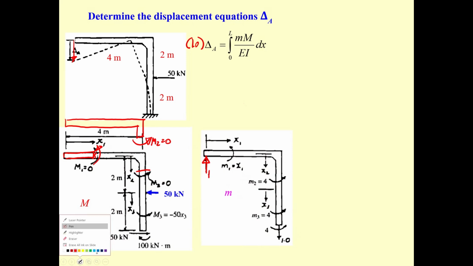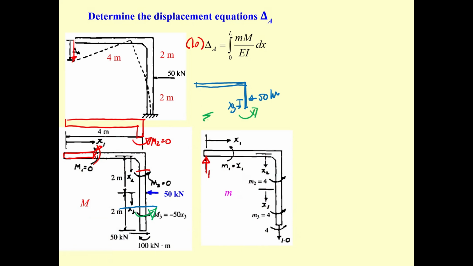And then if you cut it over here and draw your free body diagram, you mark this as your x3. This is 50 kilonewton. Then the summation of the moment equal to 0, so your m3 plus 50 times x3 equal to 0. So you have m3 equal to minus 50 times x3.